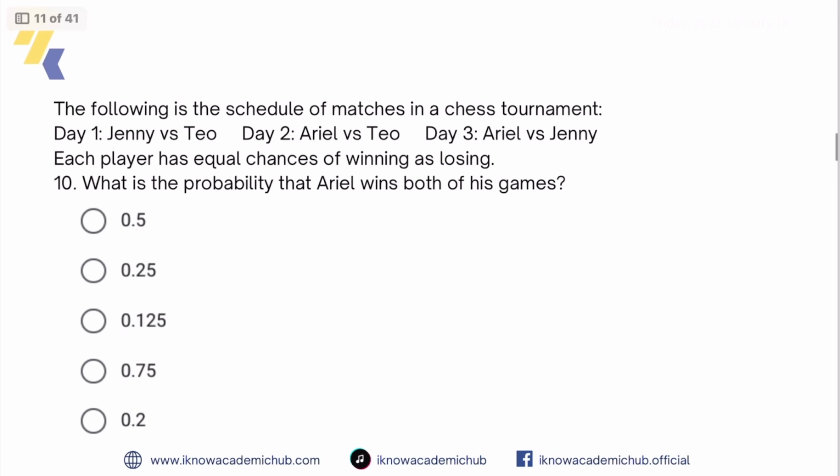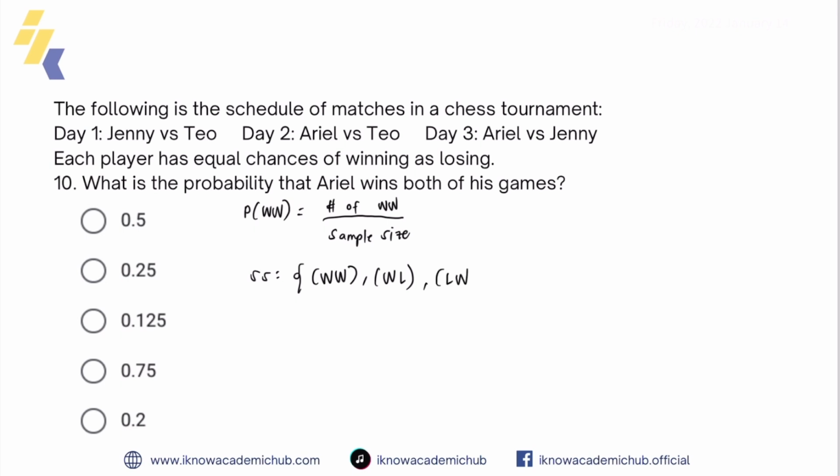Now, the probability of getting 2 wins is the number of 2 wins over the sample size. Okay? So we have here our sample space, that is win-win, win-lose, lose-win, and lose-lose.